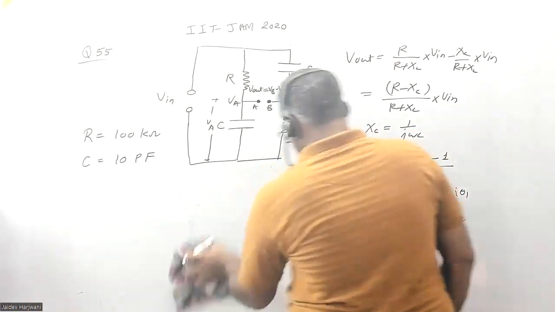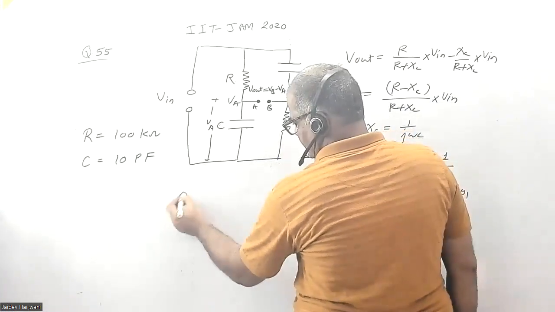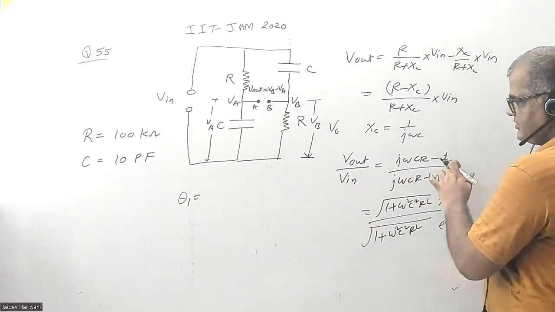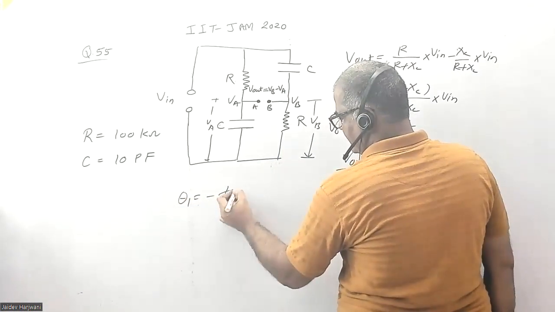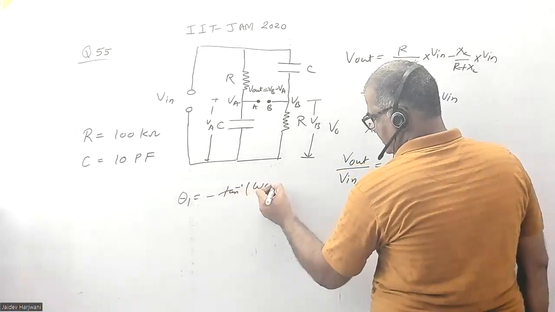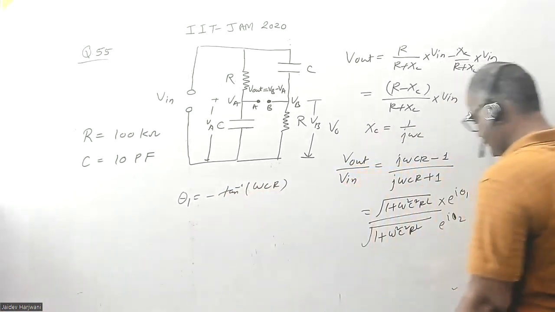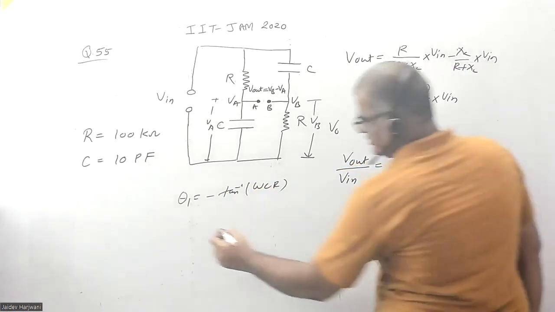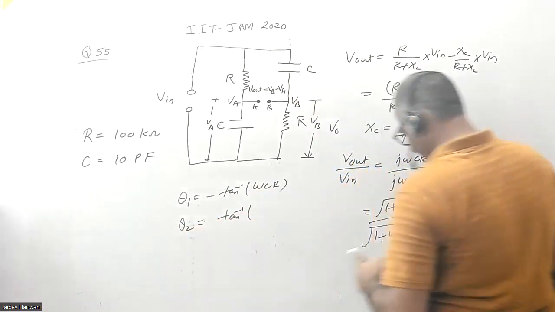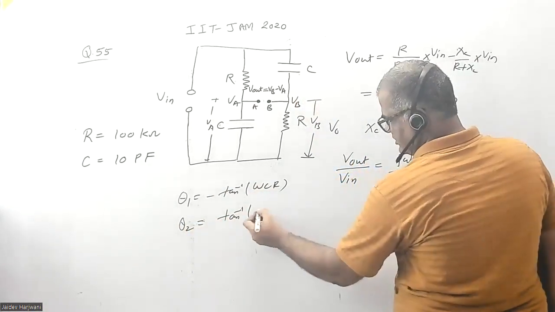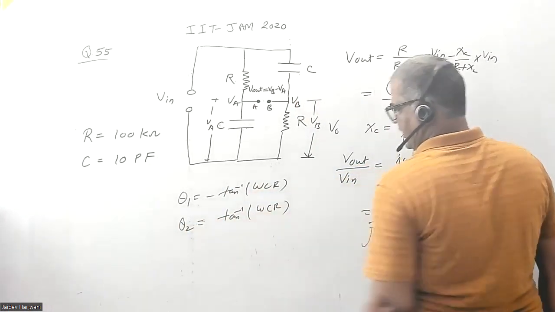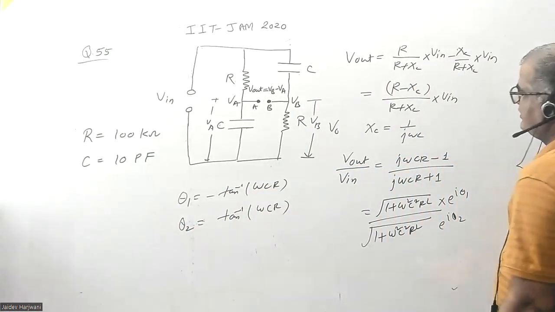Theta 1 is tan inverse Y by X. Here X is minus 1, and Y is omega CR, so this will be minus tan inverse omega CR. Similarly, theta 2 is again tan inverse Y by X. Here X is positive and Y is also positive, so theta 2 is tan inverse omega CR.